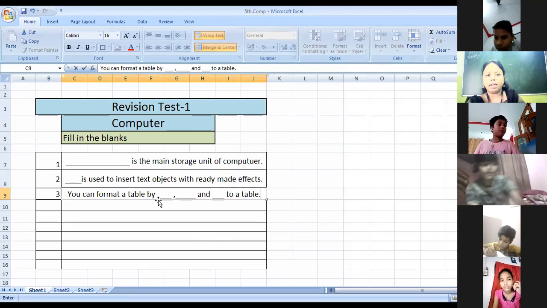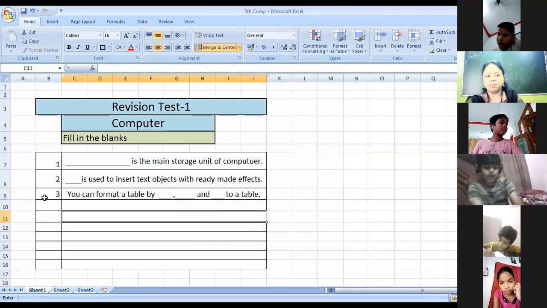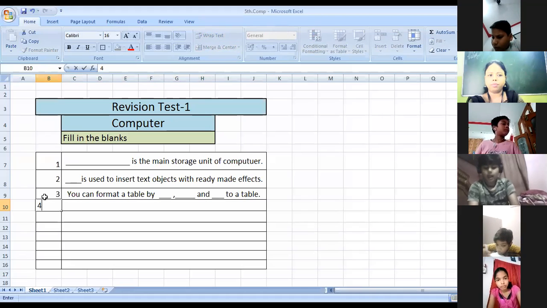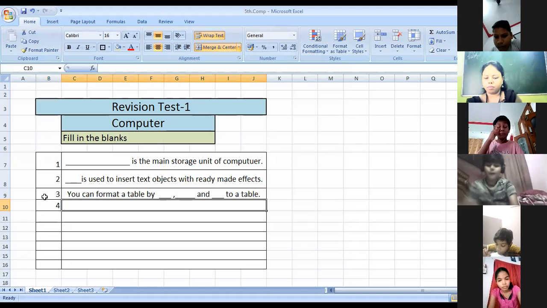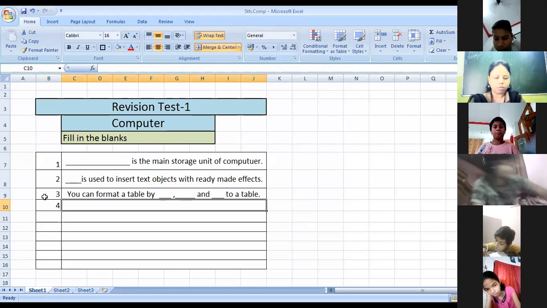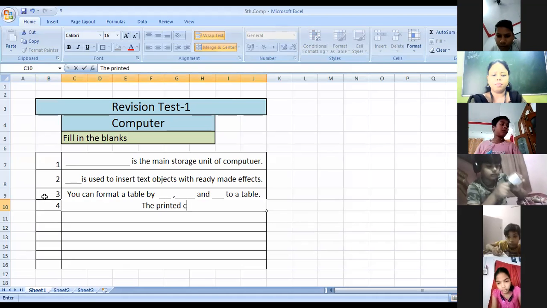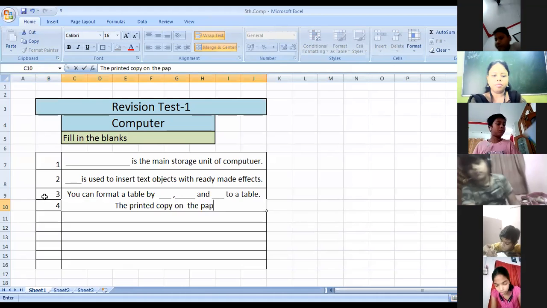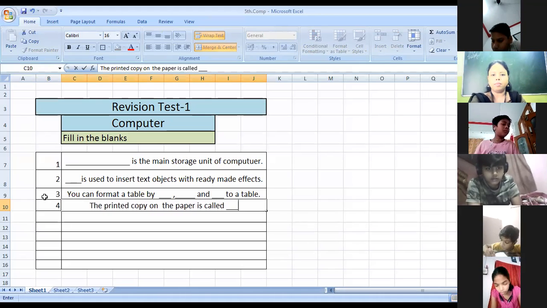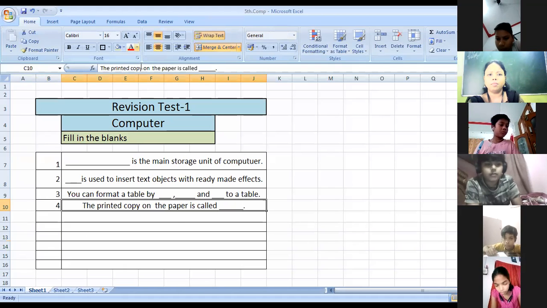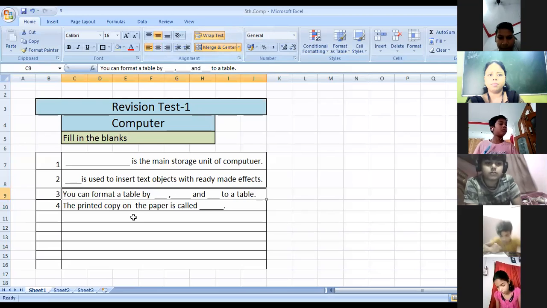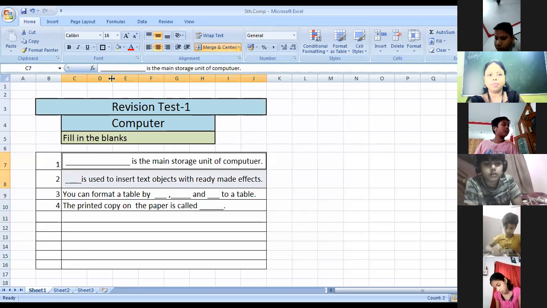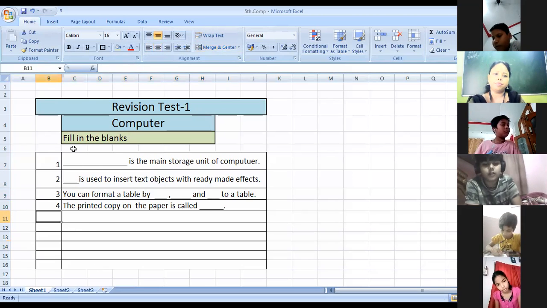You can format a table by dash, comma, dash, and dash to a table. Number 4. Number 5.